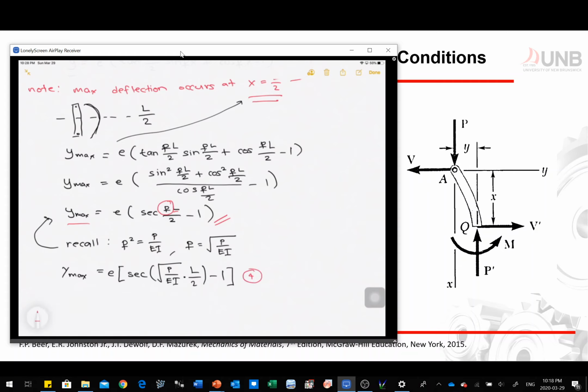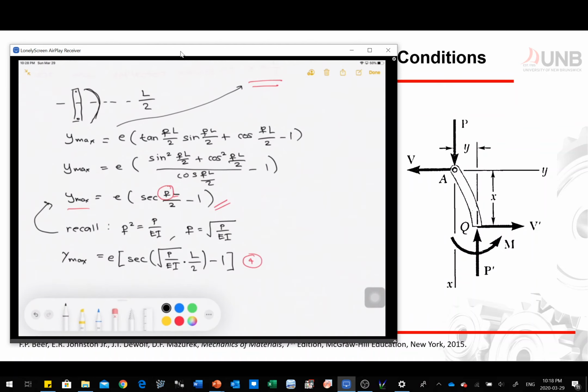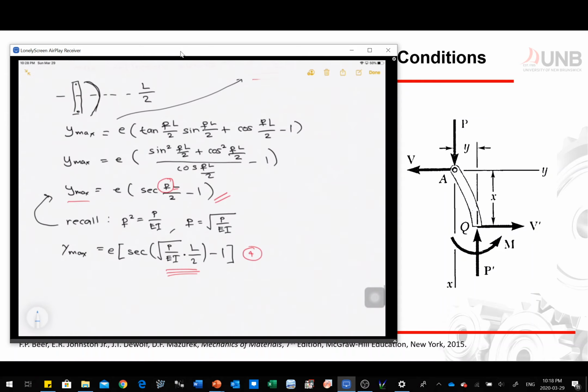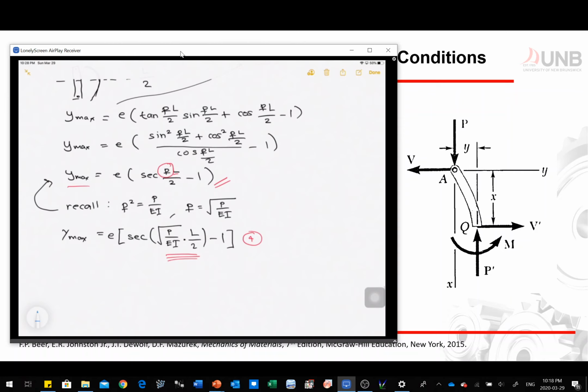Now we have the following equations. The problem with this equation, say this part right here, is that the value could be problematic, because note that your y max could reach infinity. In reality, it's a large number, but it's not infinity.